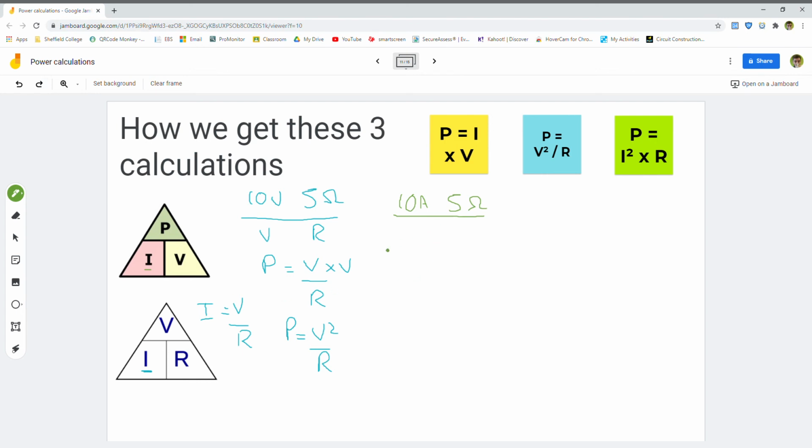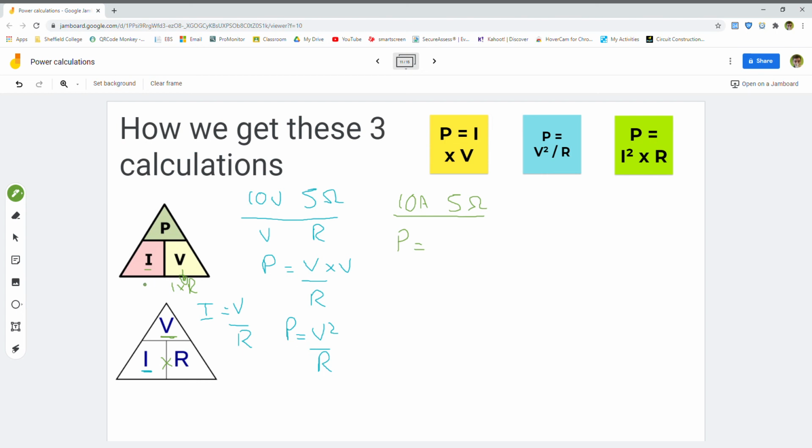So we know that voltage is equal to I times R. So if we work out our power, V equals I times R. So we're just putting I times R down to there.